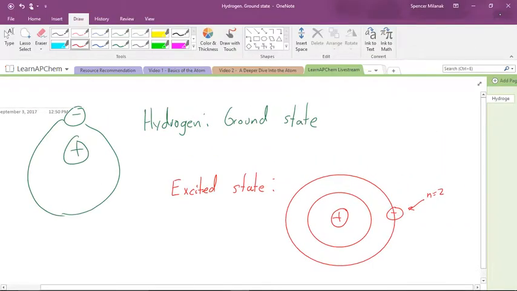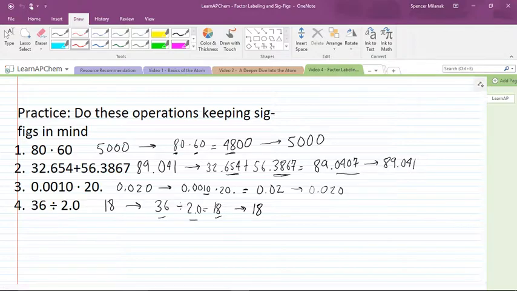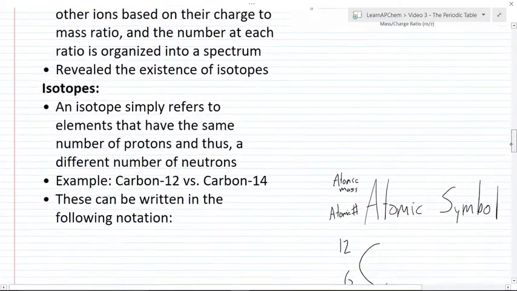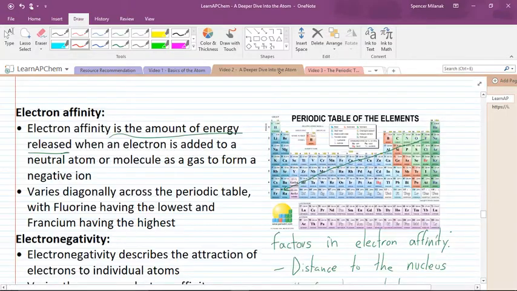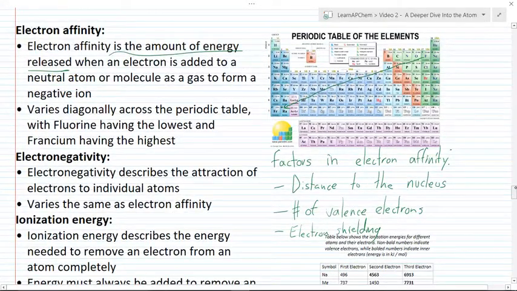Good question. So in general, when we talk about the excited state, it's simply a concept.